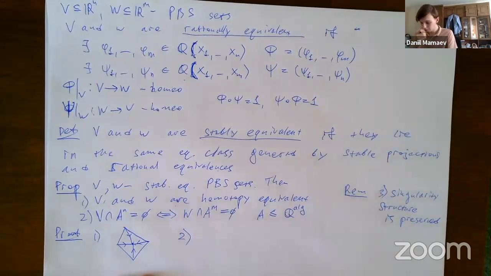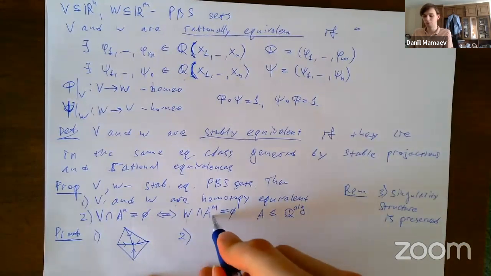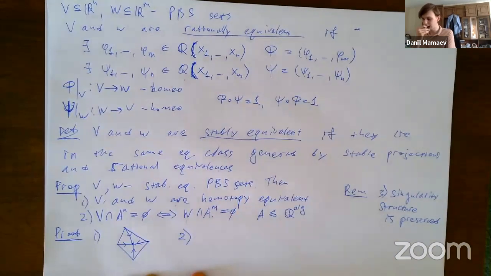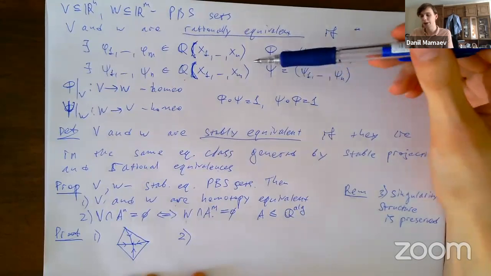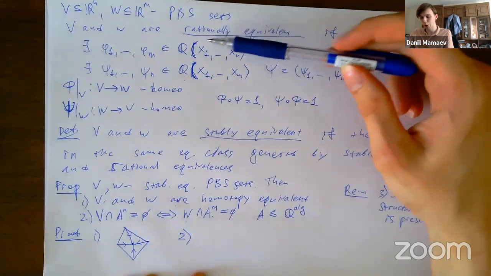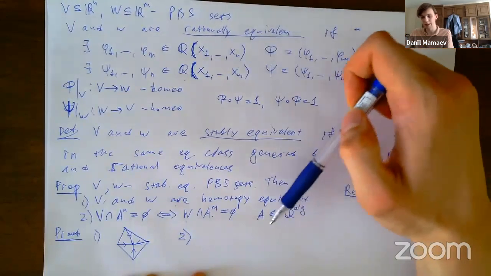And for the second part, for rational equivalences, it's again trivial because when you compute a rational function, you stay in your field.